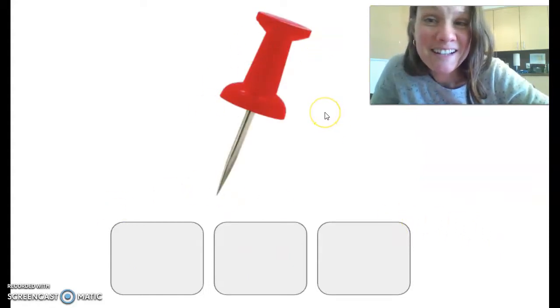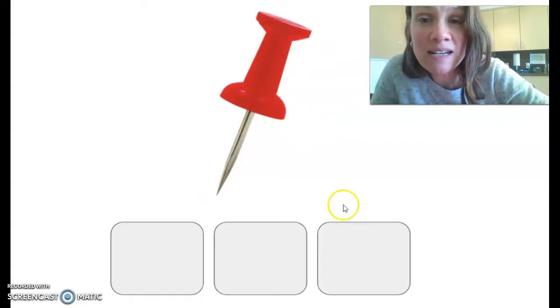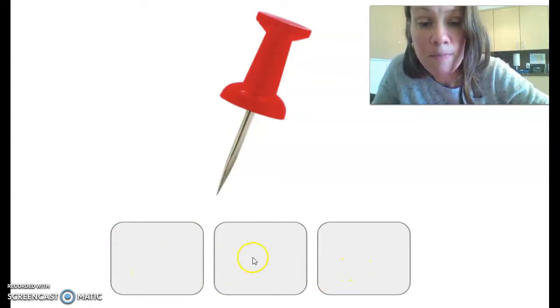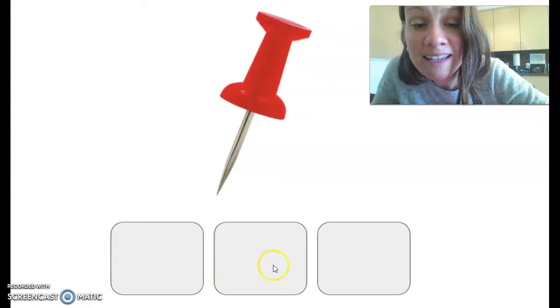What's this? Pin. What are the 3 sounds? Okay. P, in, pin.